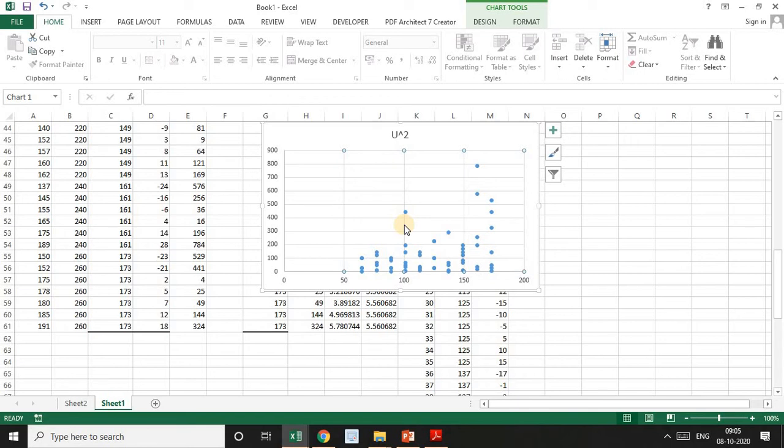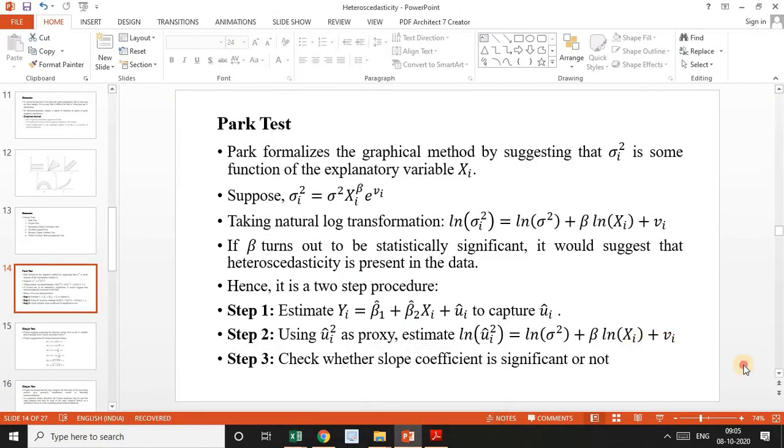It means that if you plot the graphs, you may not always be able to infer something about the heteroscedasticity problem. Here we cannot observe any pattern, but still there is a problem of heteroscedasticity as per the test suggested by Park.